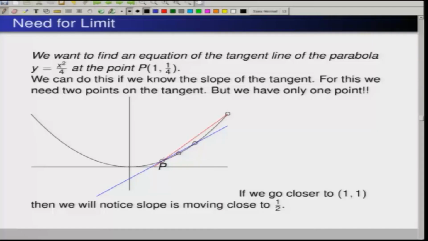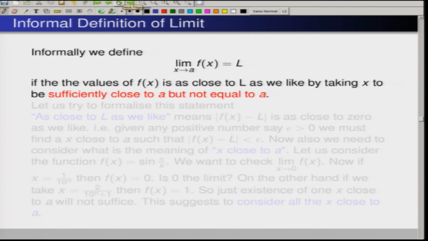Which means, I can come to Q from both sides, I can take my Q like this and like this, and this is what is approaching. So, what it says is that f of x is as close to L as we like whenever x is very close to a, but not equal to a.